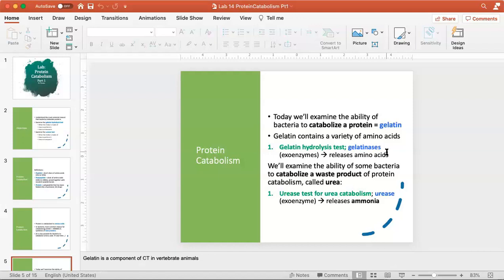What this urease test looks for is the ability of the microbial cell to then take that urea waste and break it down further. This enzyme is called urease. This is another exoenzyme. So the microbial cell secretes it, and the urease breaks apart the urea into ammonia.